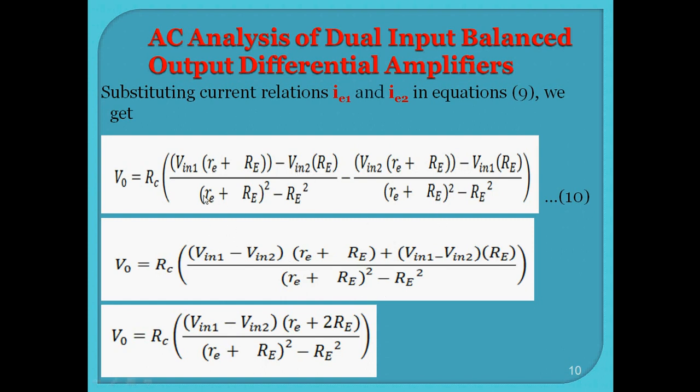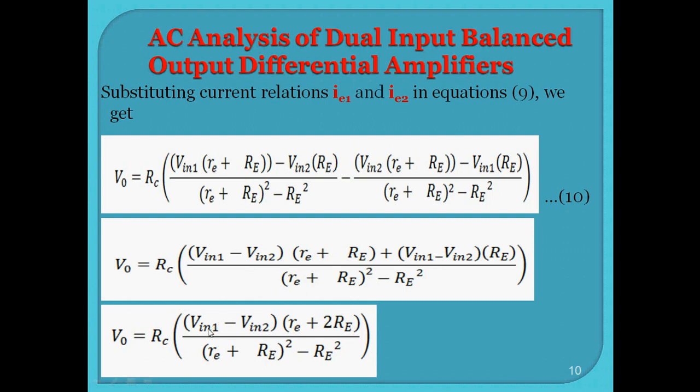So when we are rearranging this equation, we get V in 1 minus V in 2 in one bracket, which is multiplied by small re plus capital RE, plus V in 1 minus V in 2 into capital RE, with denominator bracket re plus capital RE square minus capital RE square. Now we can see here that V in 1 minus V in 2 is again common.